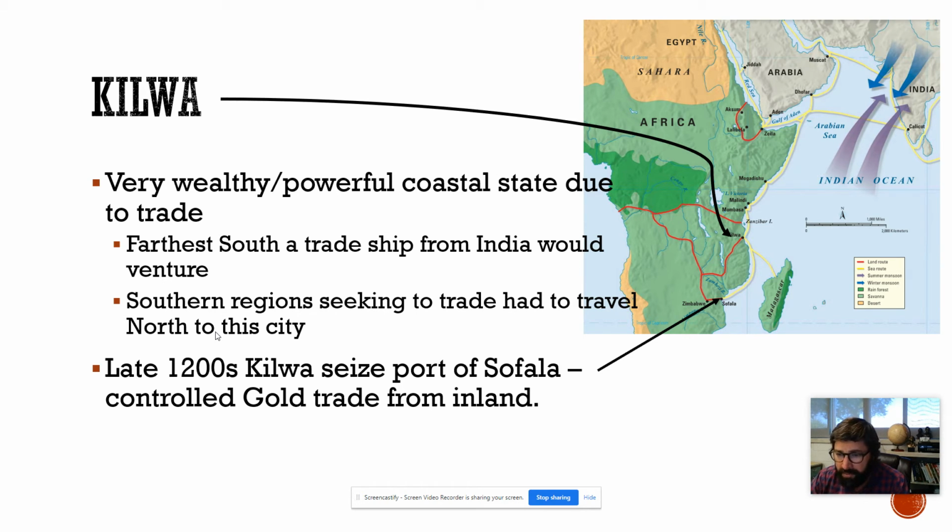And so we have a lot of resources in South Africa that are going to make their way up the trade routes, going to make their way all the way to the town of Kilwa, which means this empire is going to be able to tax people that are coming along those trade routes, and they're going to be able to make themselves wealthier as a result of that.